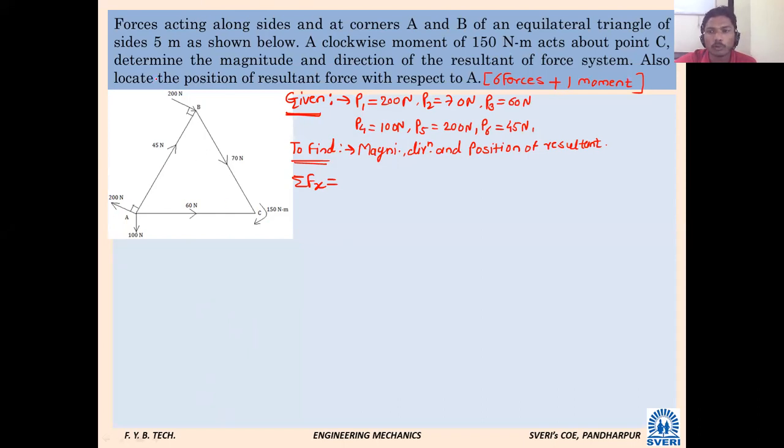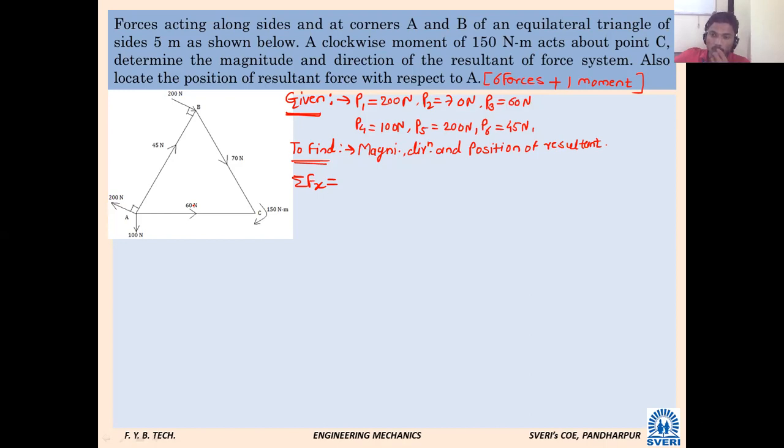Both forces, this 200 Newton force and this 200 Newton force, are equal and opposite.